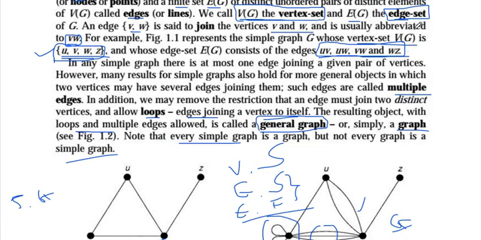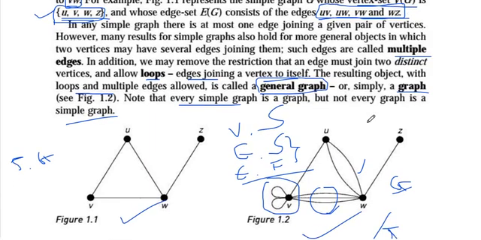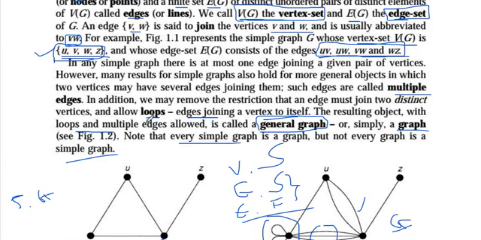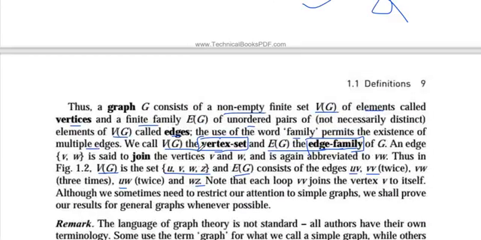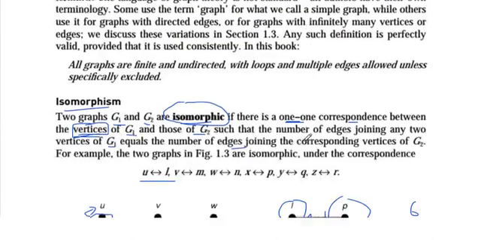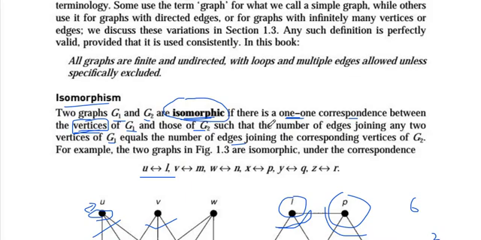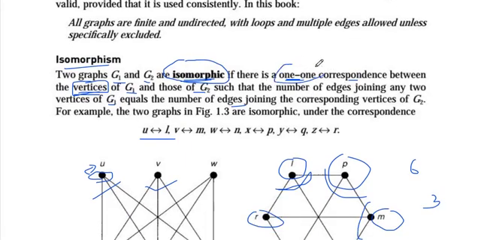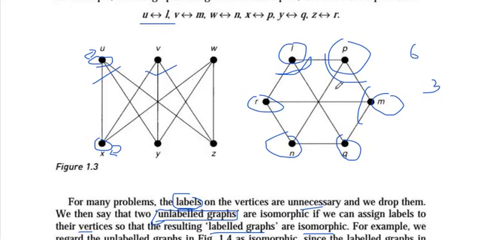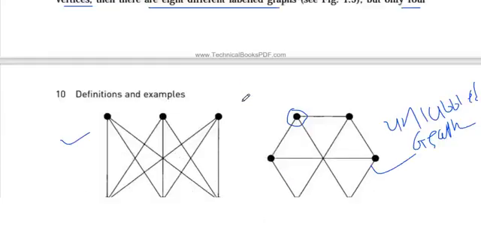So vertex set and edge family, if it has multiple edges. Then multiple edges, loops, general graph or simple graph. Then we have studied isomorphic graphs, if there is a one-to-one correspondence between vertices and the same number of edges. Then unlabeled graph and labeled graph.